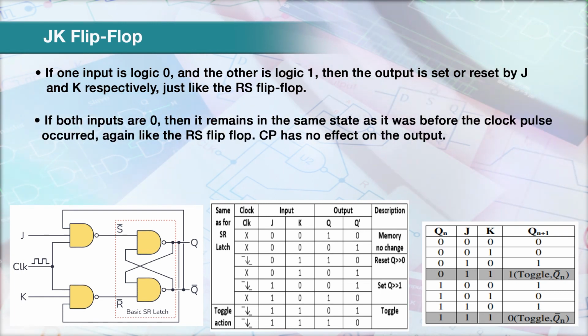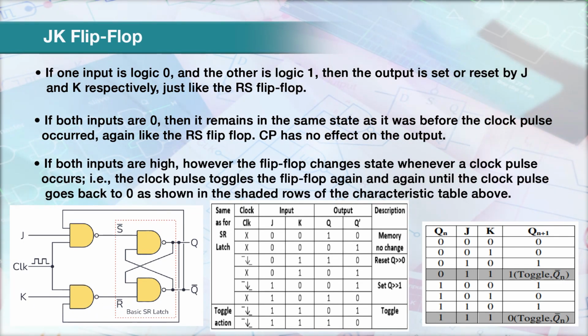If both inputs are 0, then it remains in the same state as it was before the clock pulse occurred. Again, like the RS flip flop, the clock pulse has no effect on the output.